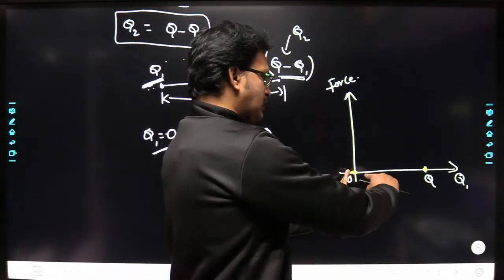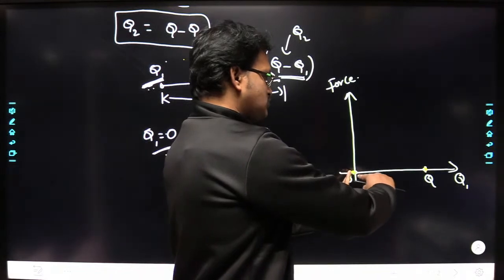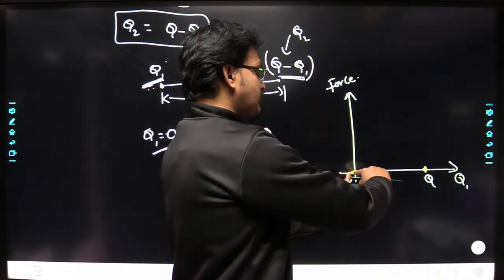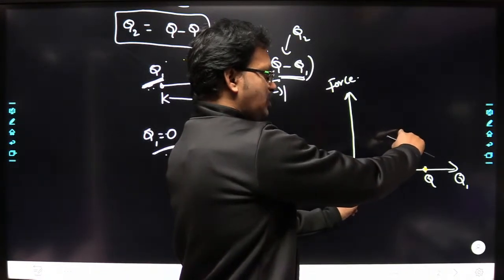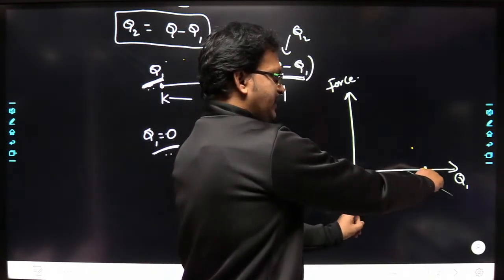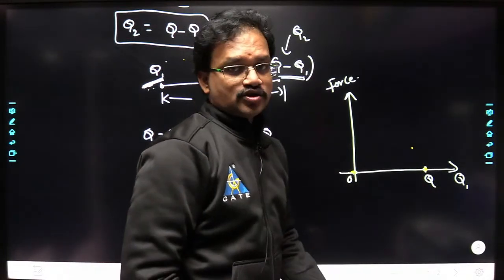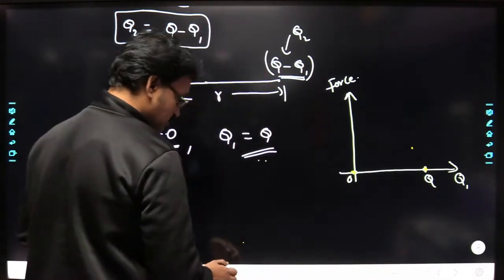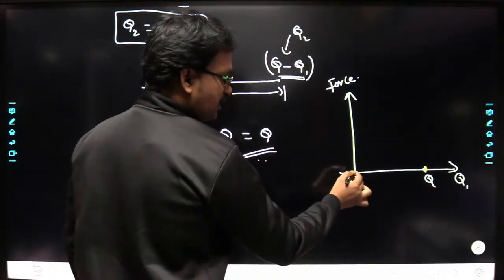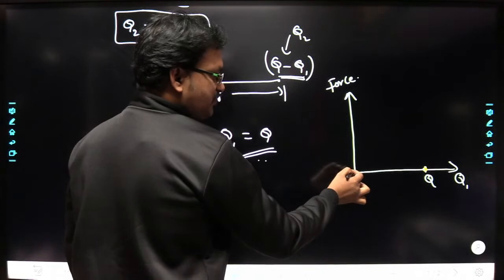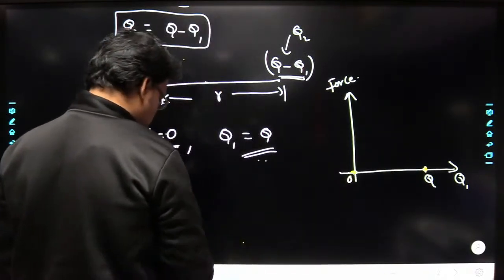As you go on increasing Q1, the force must increase, and at some location it has to start decreasing and again reach 0. Yes or no? So as Q1 increases, here it is 0, and again here it is 0.